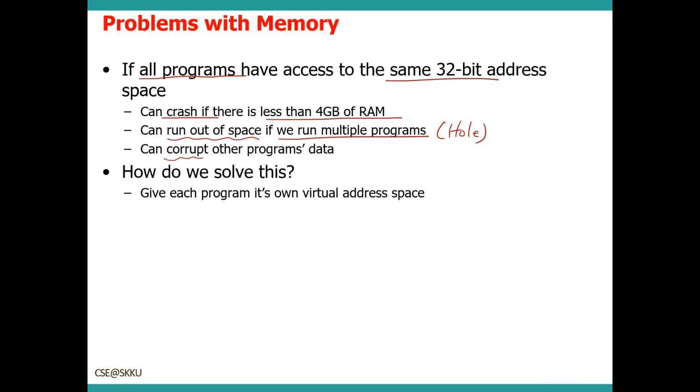Then how can we solve these problems? The solution is to give each program its own virtual address space. That means each program cannot directly access a physical memory address. It first generates a virtual address, then the virtual address is translated into a real physical address value.